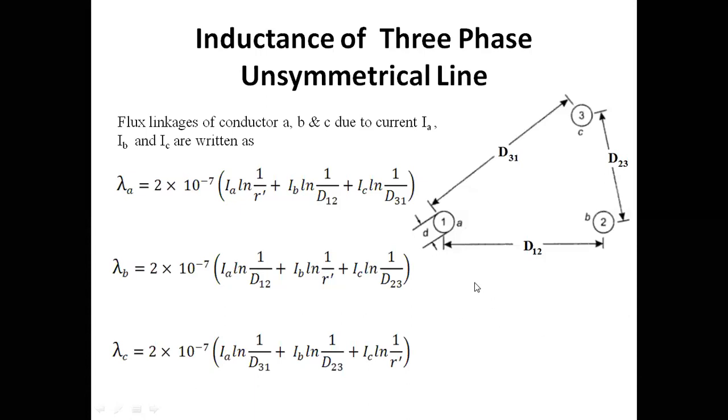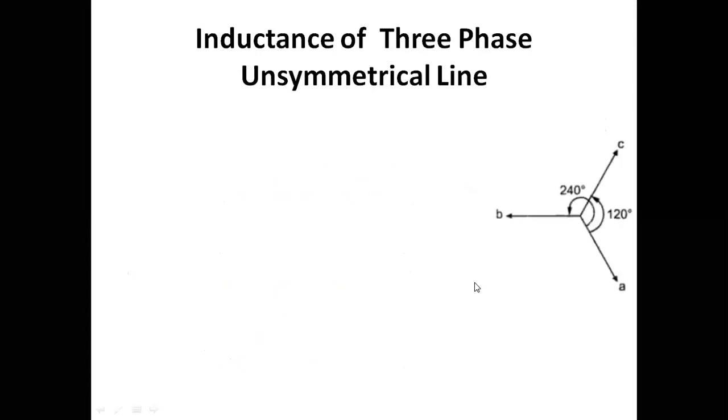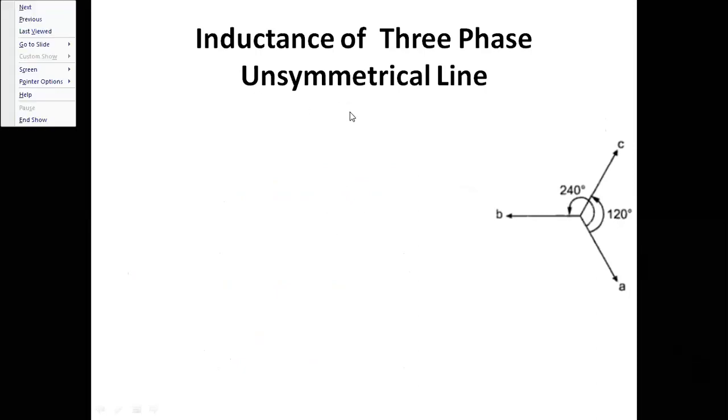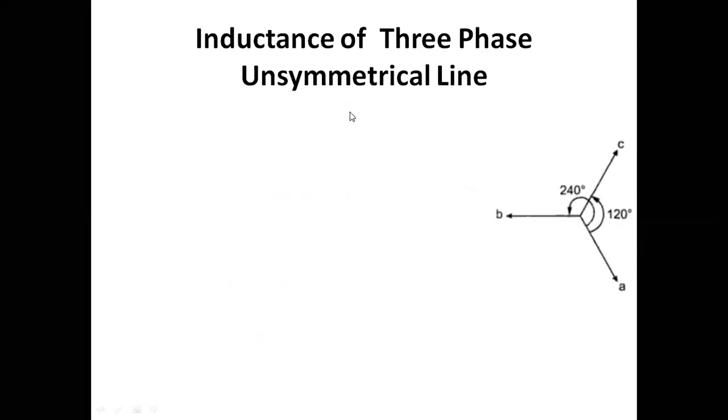Now, the next part, we are considering the symmetrical operator. Here we consider three phases A, B, C. In balanced condition, A phase, B phase, and C phase are equally displaced by an equal angle, that is 120 degrees.